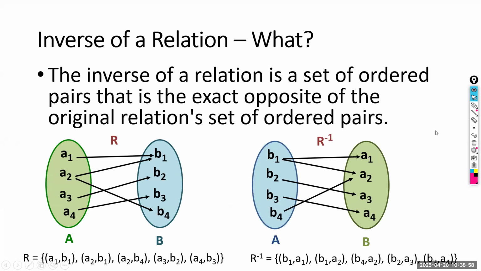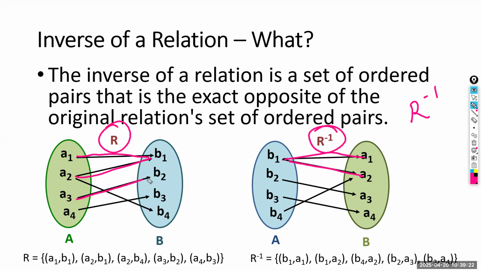Again, you need to understand it in a very serious manner. Say this is my relation R. And this is my inverse relation, denoted by R minus 1. If there's A1 to B1, in the inverse you must have B1 to A1. If there's A2 to B1, in the inverse you must have B1 to A2.